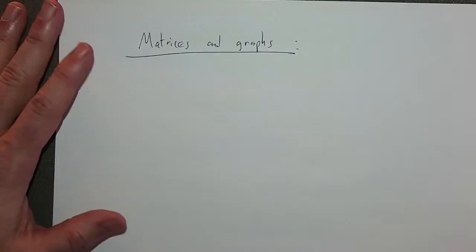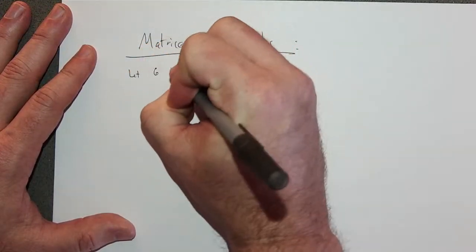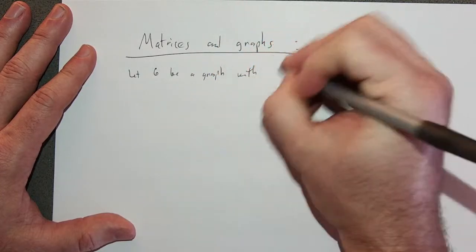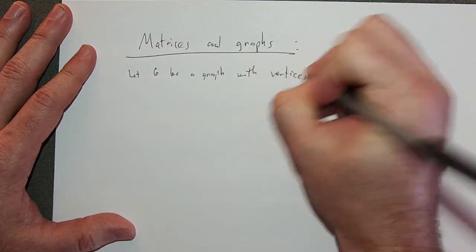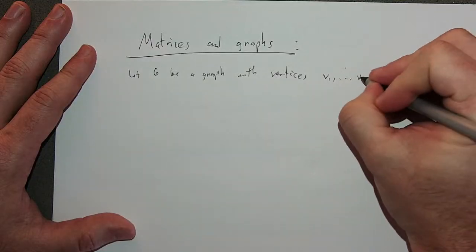And so I'm going to define the following. Let G be a graph with vertices v1 to vn, so it's a graph of order n.